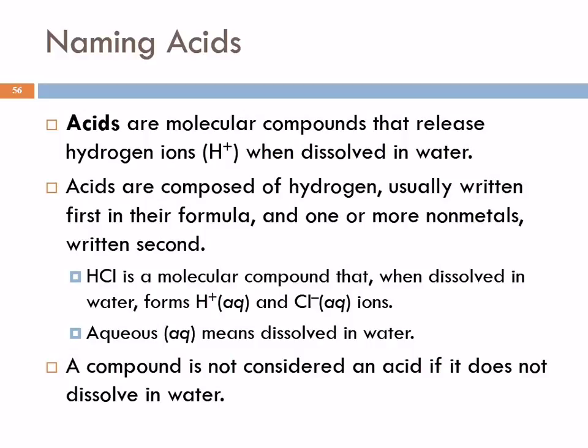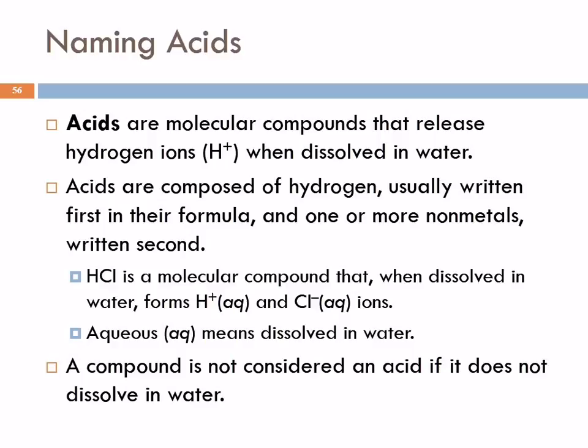Another category of compounds are acids. There are several different definitions of acids. The one we're going to use for now is that acids are molecular compounds that release hydrogen ions when dissolved in water. So for nomenclature purposes, we can recognize acids because the formulas start with H. Okay?